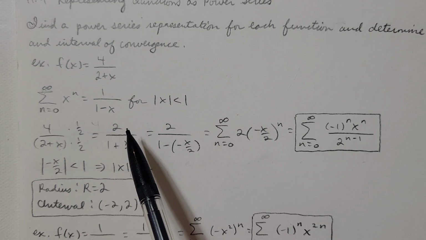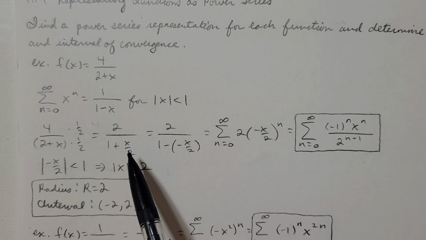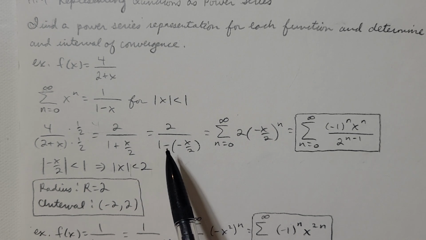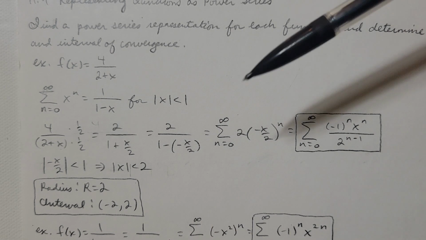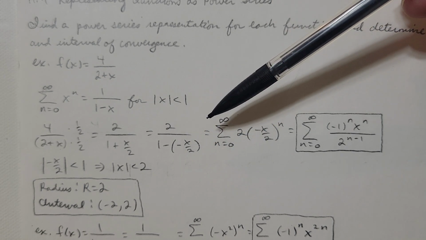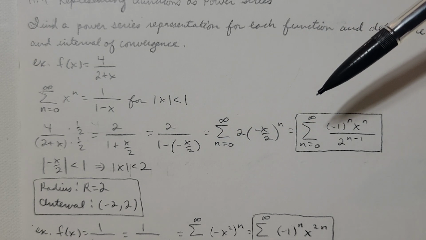Again, I'm trying to get this in the form a divided by 1 minus r. 1 plus x over 2 is the same thing as 1 minus a negative x over 2. So now I'm in the form a divided by 1 minus r. The a value is 2, and the r value is negative x over 2.